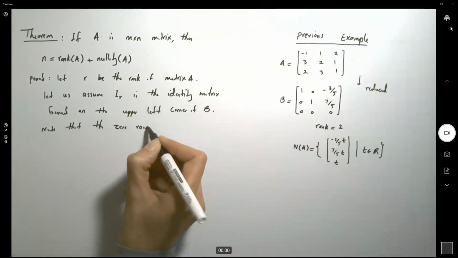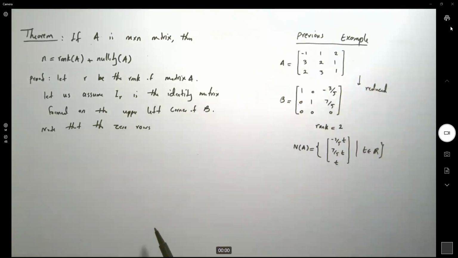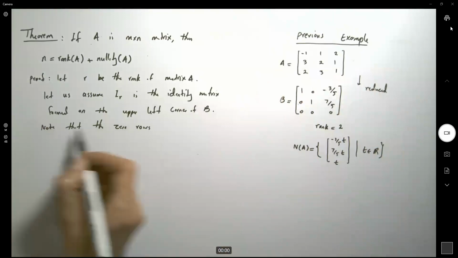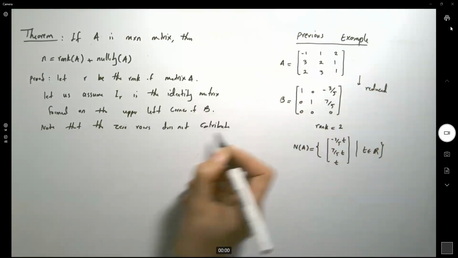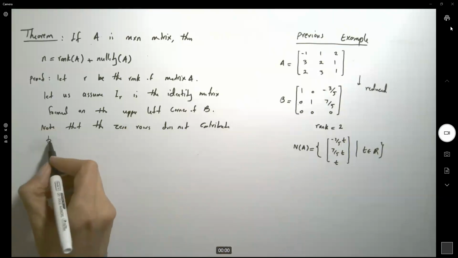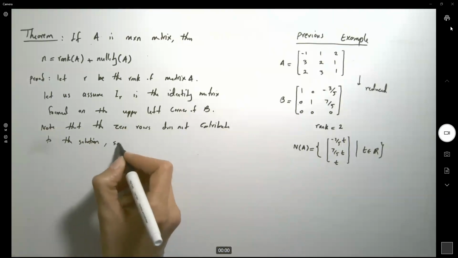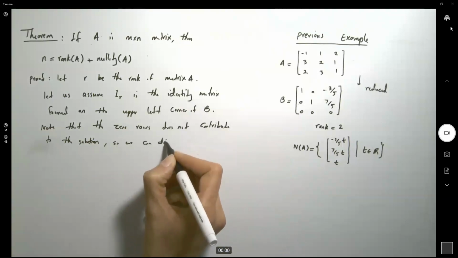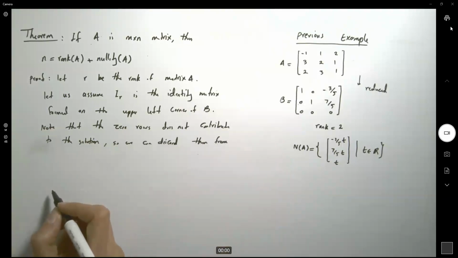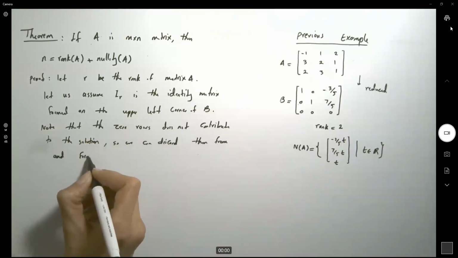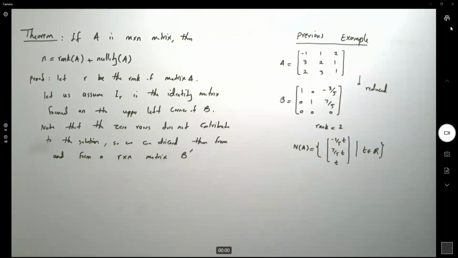These zero rows, we can add as many as we want, because if we expand this matrix, we might end up with more zero rows. They do not contribute to the solution, so we can discard them and form an r by n matrix that we call B prime.